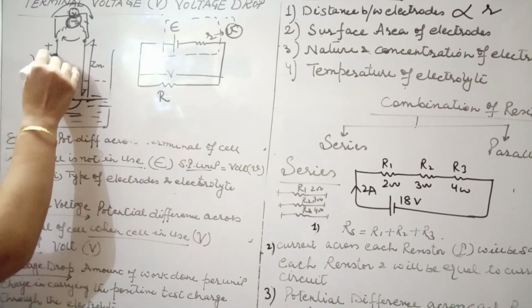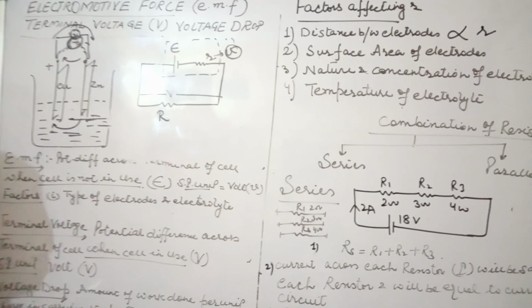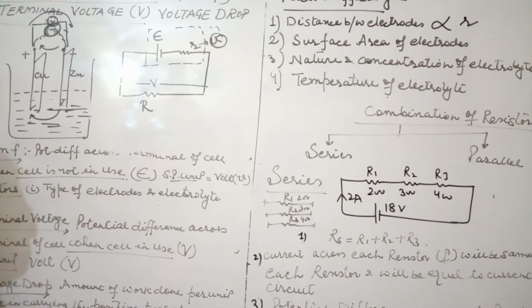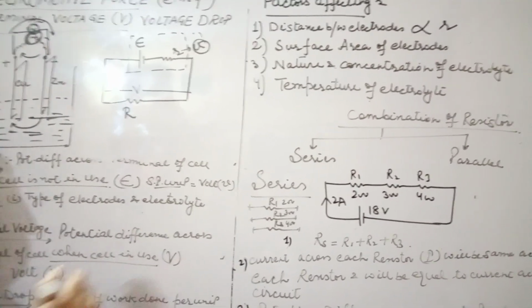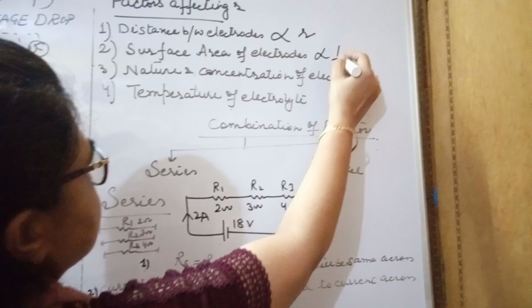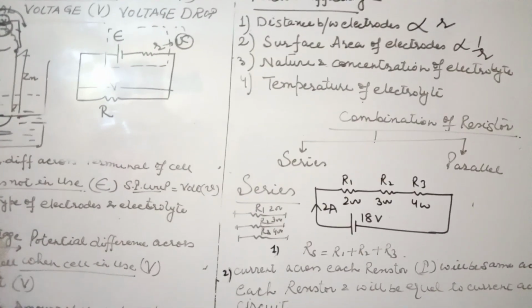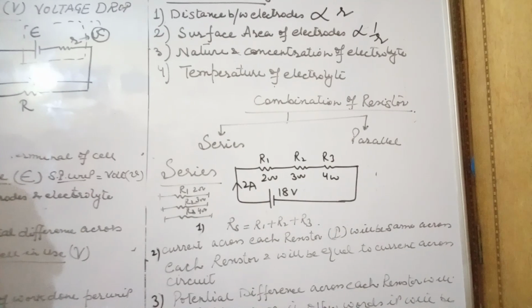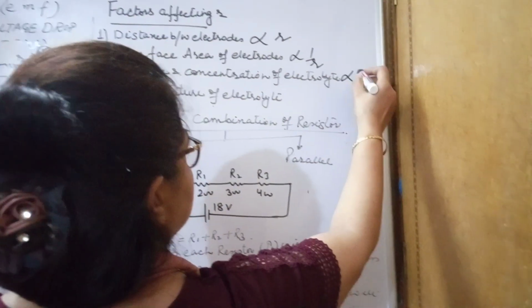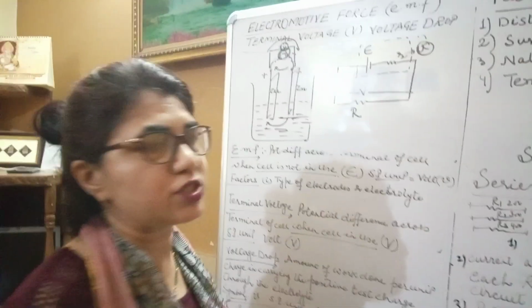Surface area: increase the surface area, less collisions, less obstruction. So as a result, less resistance, inversely proportional. Nature and concentration of electrolyte. You have seen that the electrolyte used is H2SO4 acid. So more concentrated, more resistance. Remember that. Second, it depends upon the nature also.